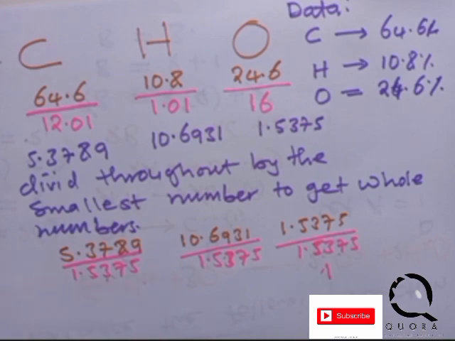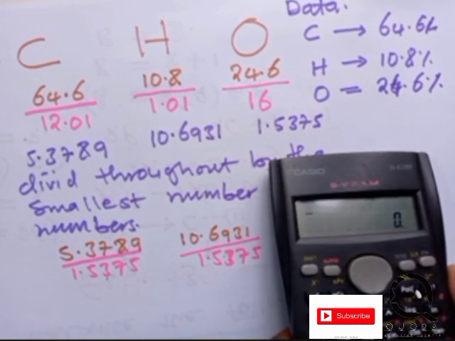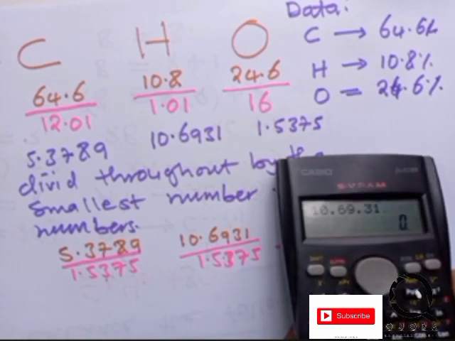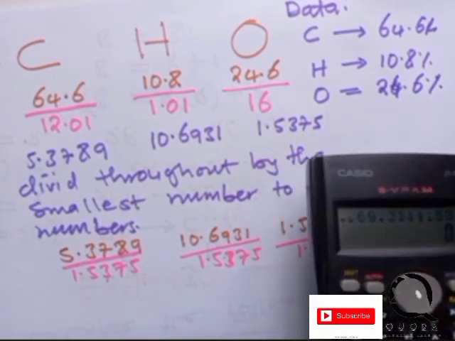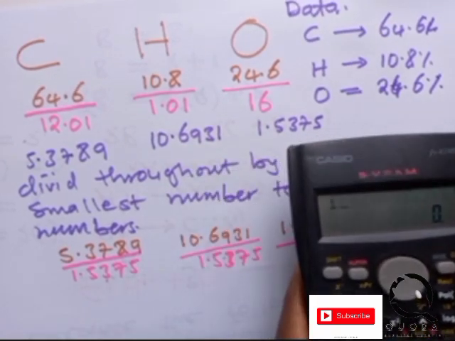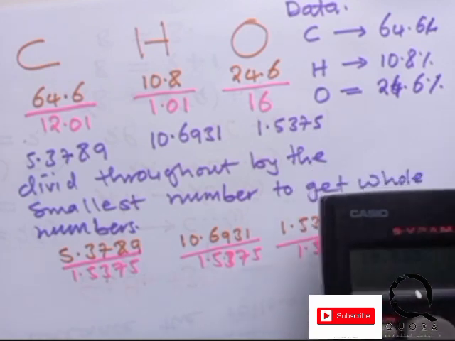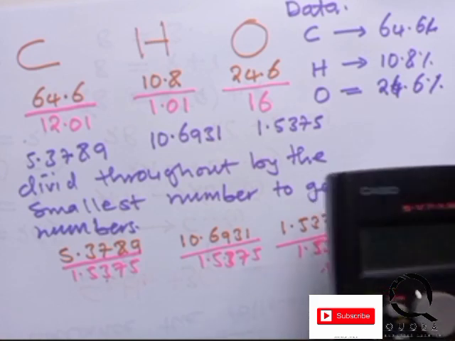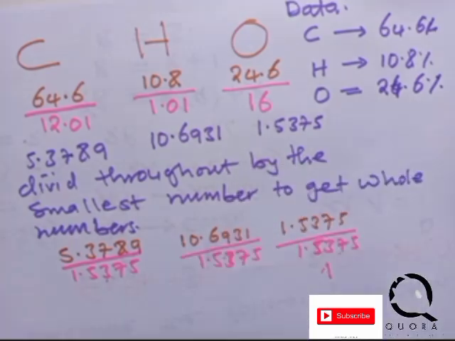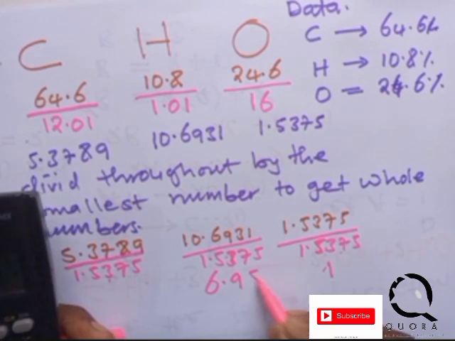Then if you say 10.6931, divide this by 1.5375, we are getting an answer as 6 point, so in the middle I'm getting my answer as 6.95.